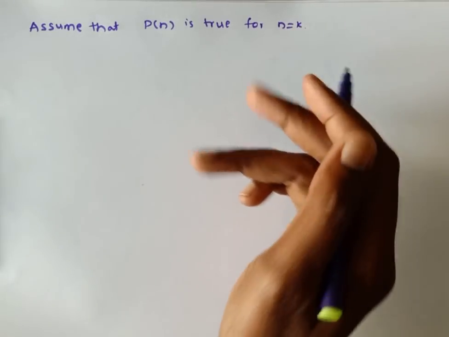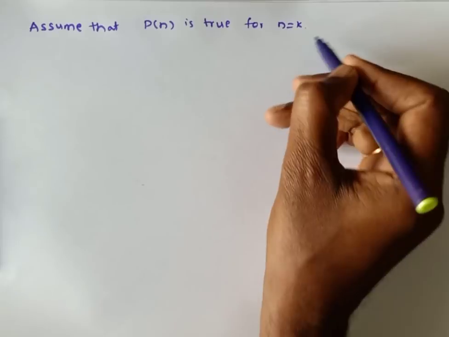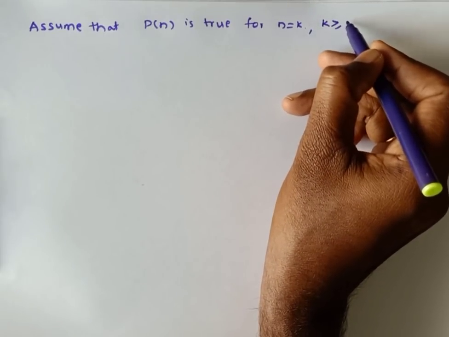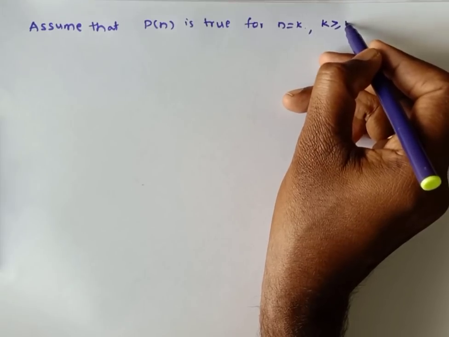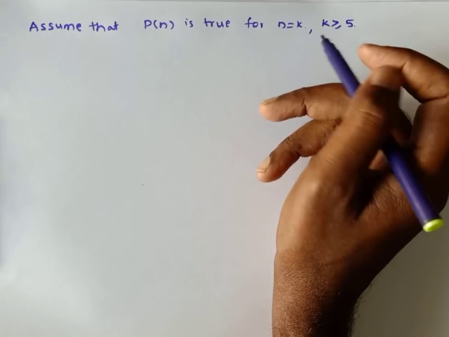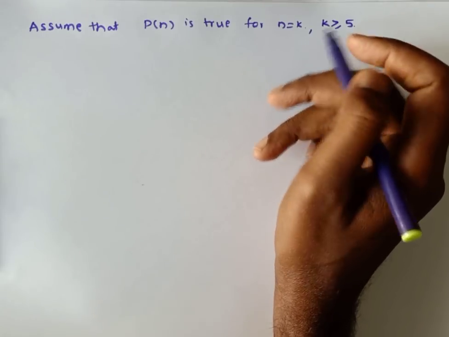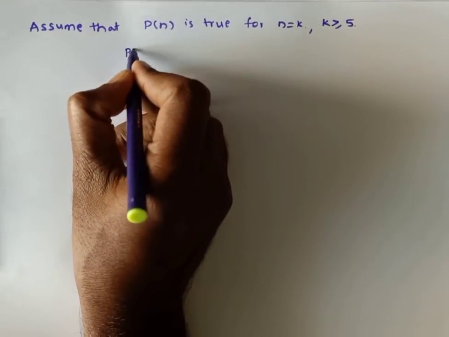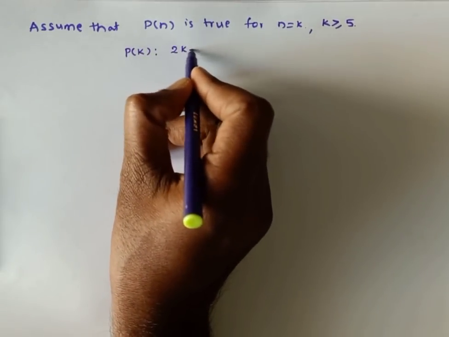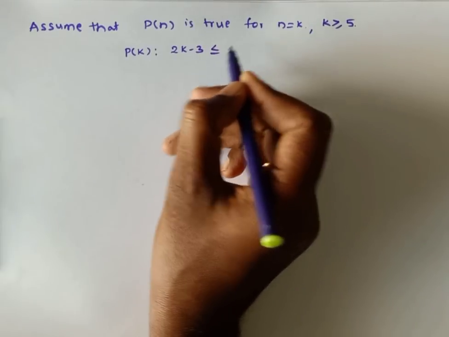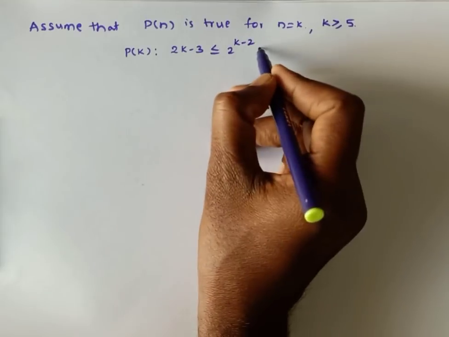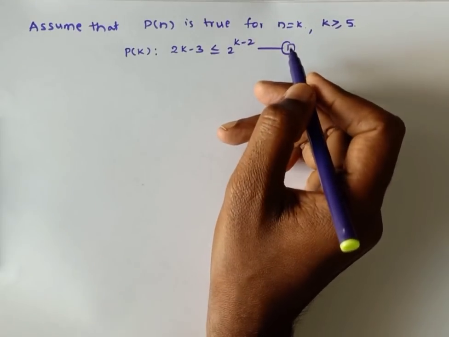Here the value of k is more than or equals to 5, whereas in the simple mathematical induction k is greater than or equal to 1, right? So here k is greater than or equal to 5, since the induction started at n equal to 5. Now the given statement becomes p of k. P of k is 2k minus 3 is less than or equal to 2 to the power of k minus 2. Let this be inequality 1.